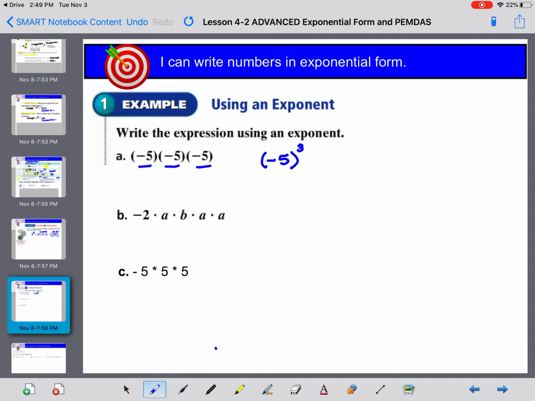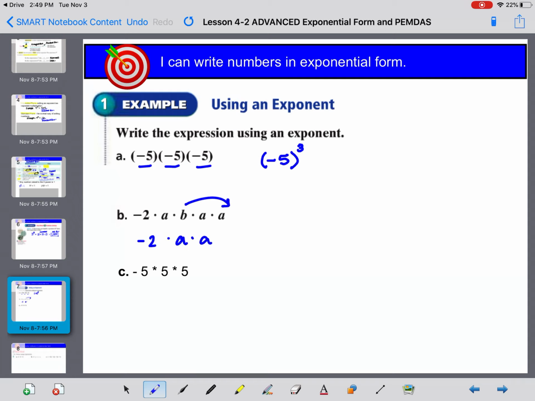This time, I only need to put together the ones that are the same. The commutative property allows me to change the order that this is multiplied. So I have negative 2, and actually, I'm going to put that B on the end so that it's in alphabetical order.